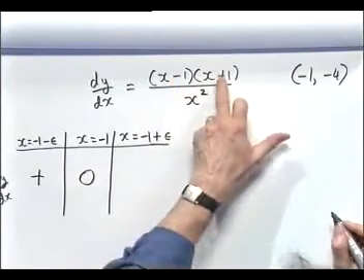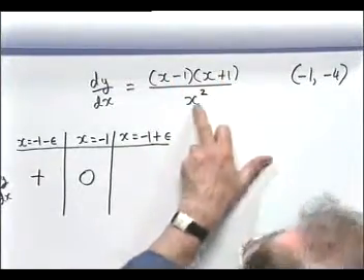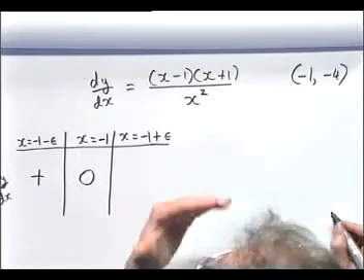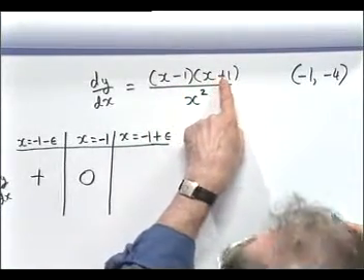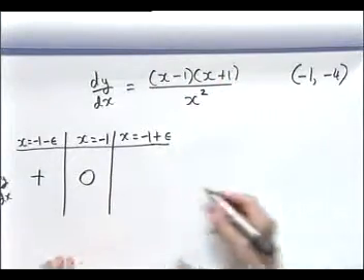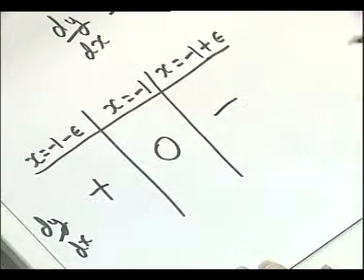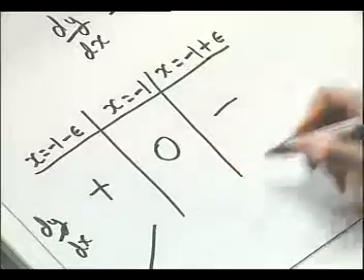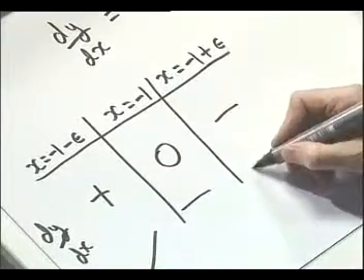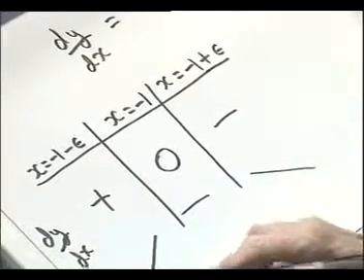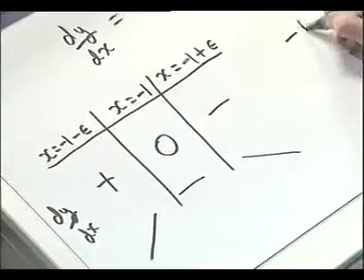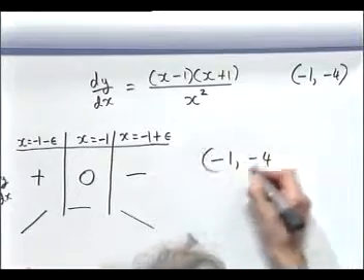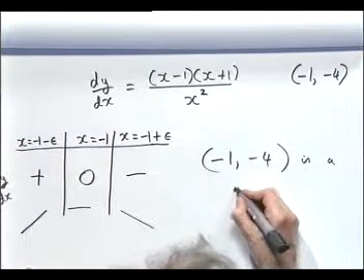So I have a negative times a positive, and this term, x squared, is always positive because it's a square. So we've got a negative times by a positive and divided by a positive, so our answer must be negative. So let's sketch the shape. We've got a positive slope, a flat slope, a negative slope. And this defines the shape of a maximum. And so we can say (-1, -4) is a maximum.